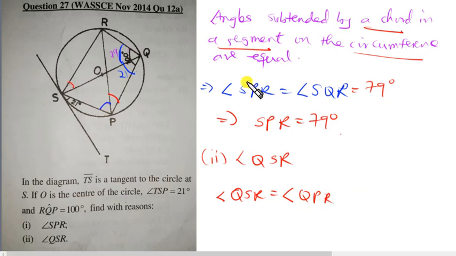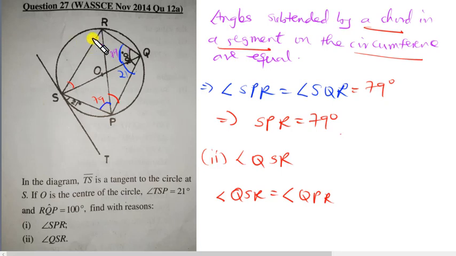All right, and let's see what we have here. Do we know the angle QPR? We don't know the angle QPR here, but here is 79, and if here is 79, then here too is 79, because the chord SR forms this angle 79 at Q. This same chord SR forms the angle 79 at P. So if here is 79, here is 79, and if here is 21, then the angle here too is 21.